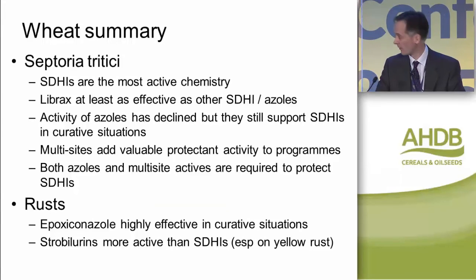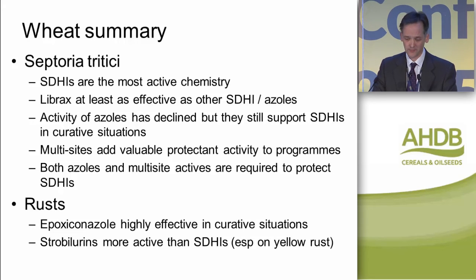So just to wrap up on wheat, clearly the SDHIs are the most active chemistry on Septoria. Librax clearly look to be at least as effective as other SDHI azoles. The activity of the azoles has clearly declined, but I think they're still very important in the role that they have in supporting SDHIs in curative situations.